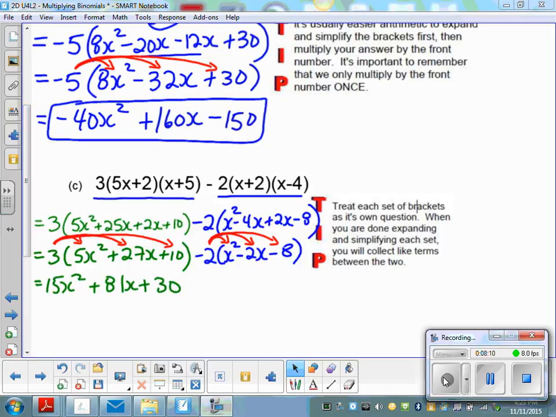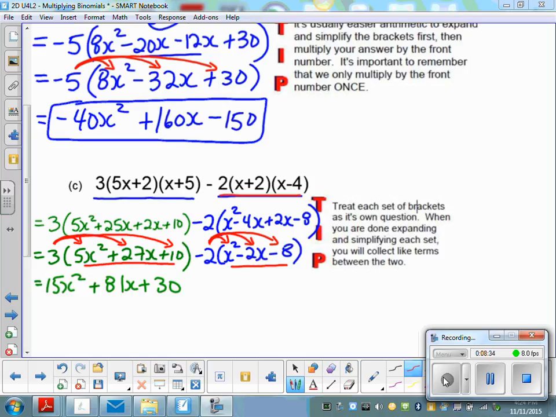Okay, so I'm going to pick up here. Hopefully you're able to get down to this point where we multiplied the two binomials together and simplified those. So when we multiply and simplify those, we get this in the first bracket. And when we multiply the second set of binomials and we simplify those, we get x squared minus 2x minus 8.